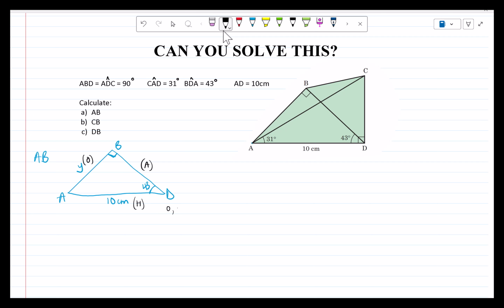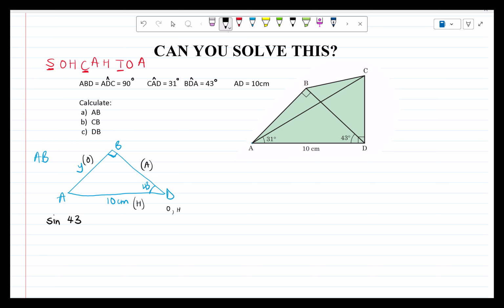So we have got O and we have got H. Remember the shortcut from my previous video, SOHCAHTOA. This is for sine, this is for cos, and this is for tan. So we have got OH, meaning that we are going to make use of sine.